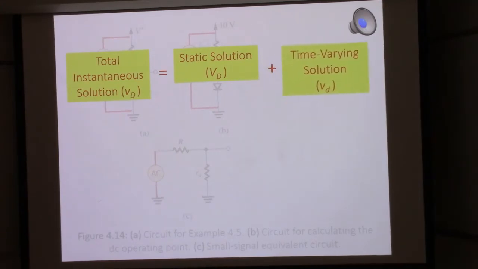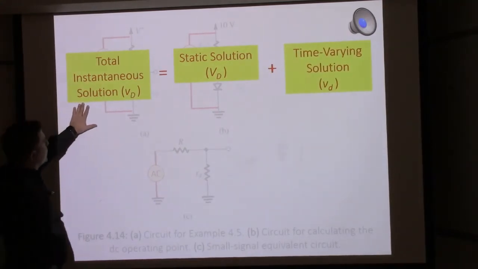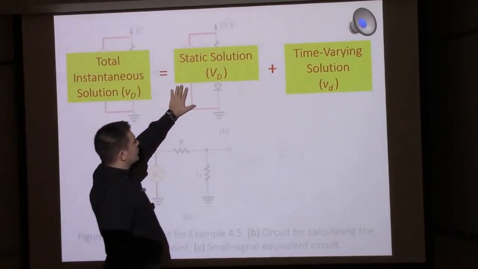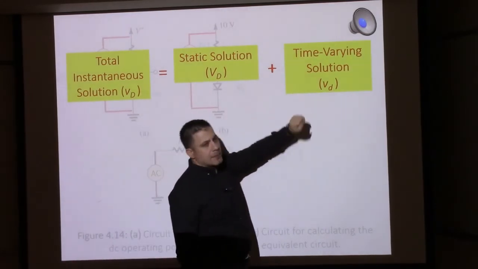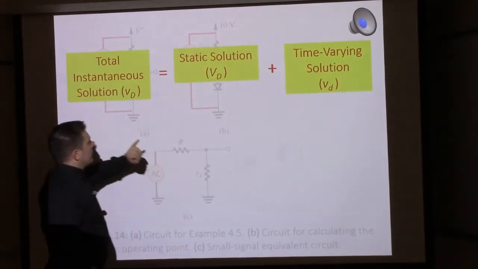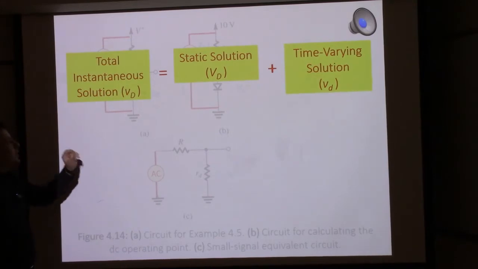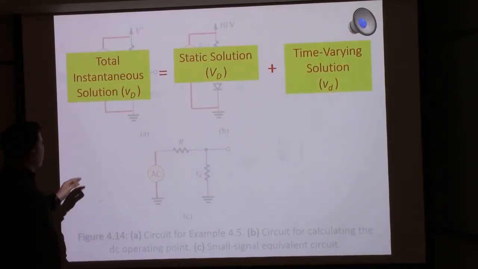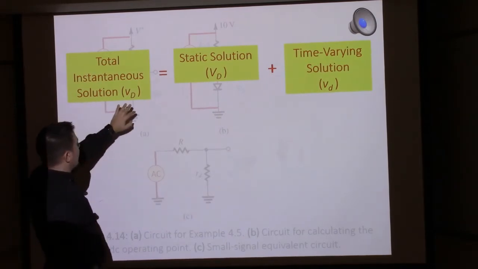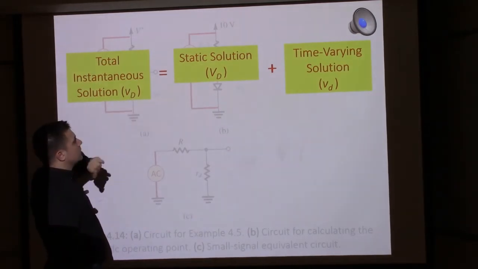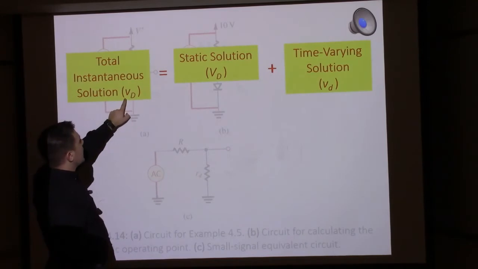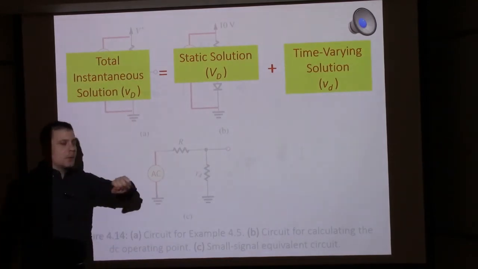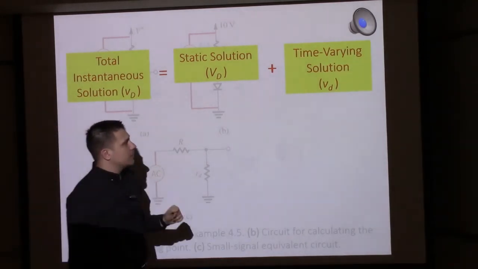So what you see is that the total instantaneous solution is equal to the static solution, or the steady state solution, plus the time varying solution. It's important to note the way that variables and subscripts are used here. The total instantaneous solution, or any total instantaneous value, will always be described by lowercase variable, uppercase subscript.